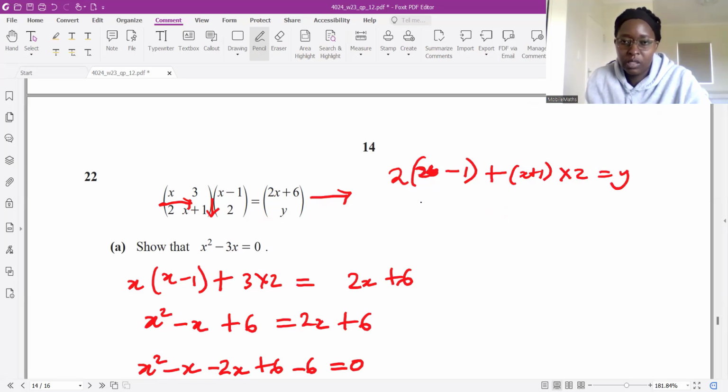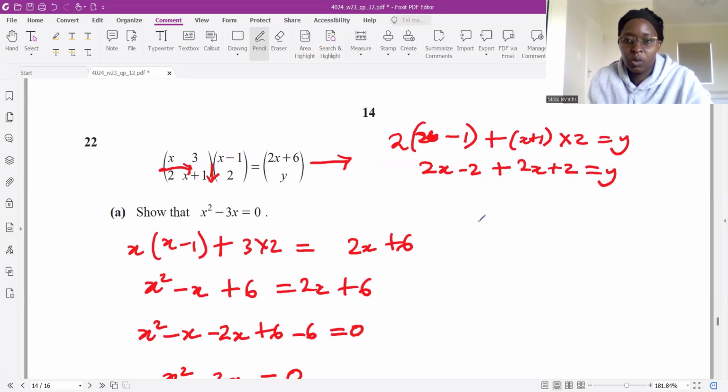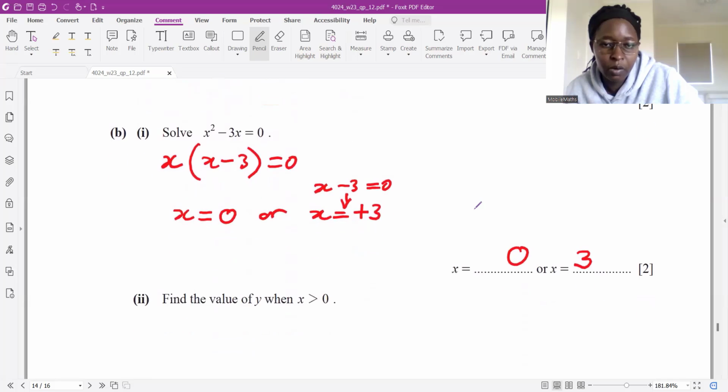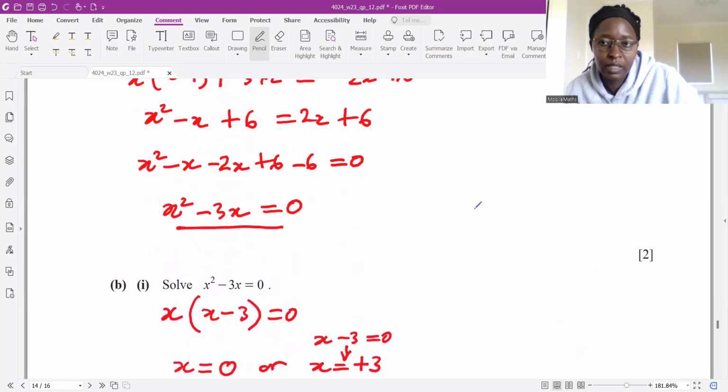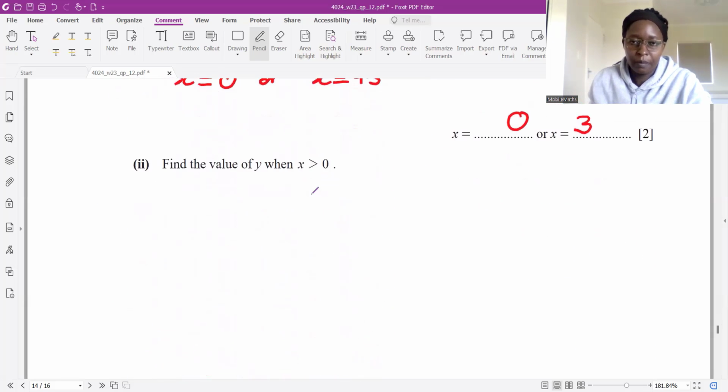So this is going to give me 2x minus 2 plus 2x plus 2 is equal to y. So this is 4x is equal to y. So they are saying find the value of y when x is greater than 0. So we determine that 4x is equal to y.